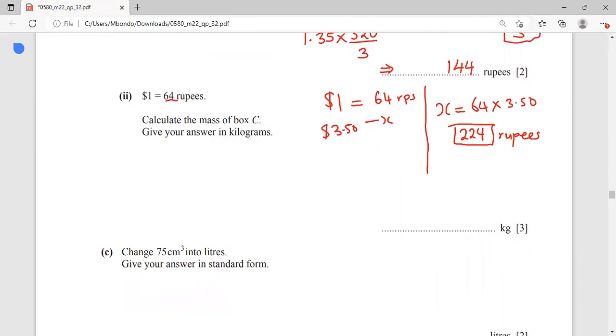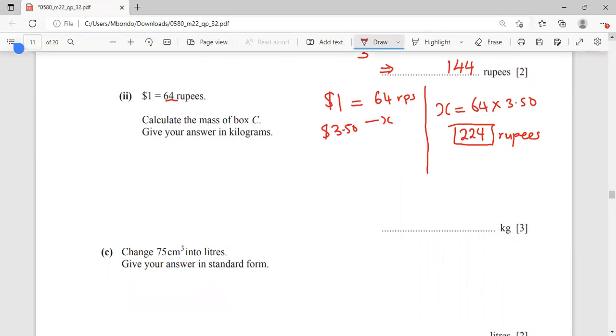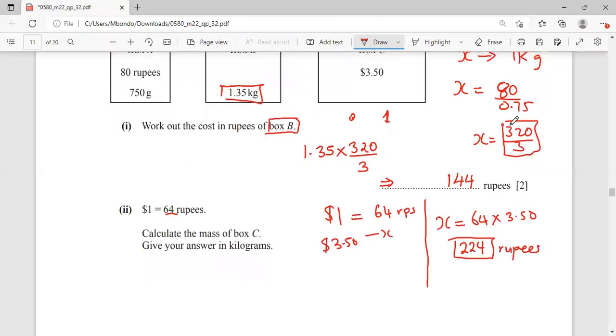Then now, take note. We have a conversion where we know that 1 kilogram is equal to this rupee amount, this one here. It's very important for you to understand that.